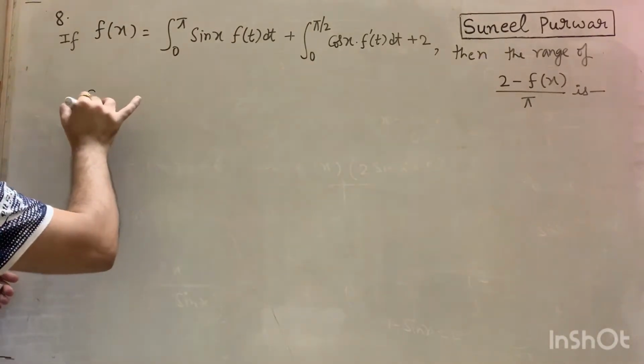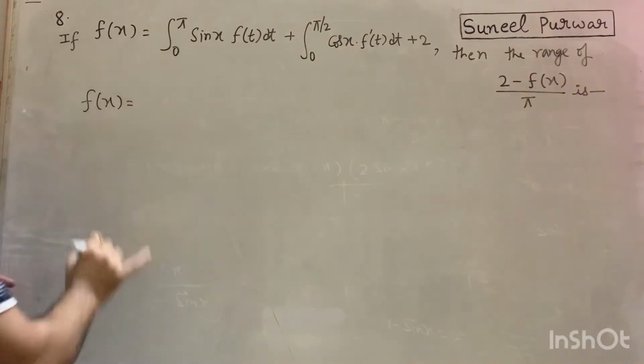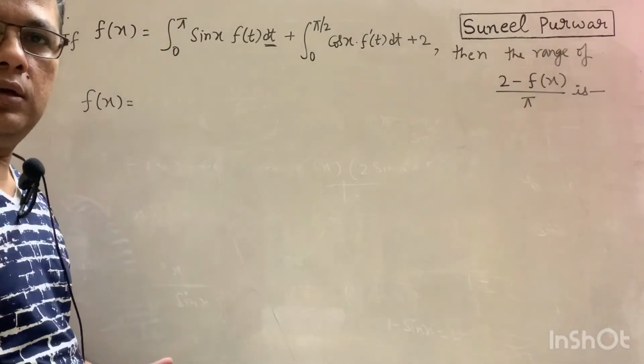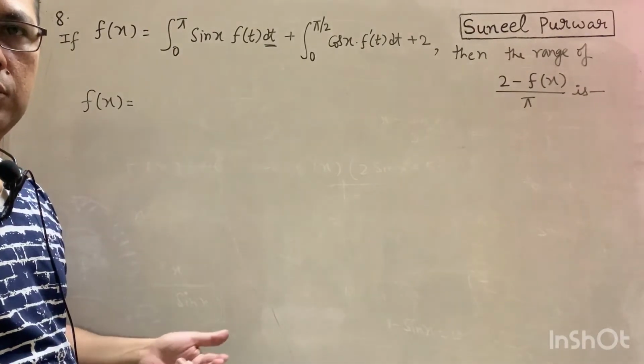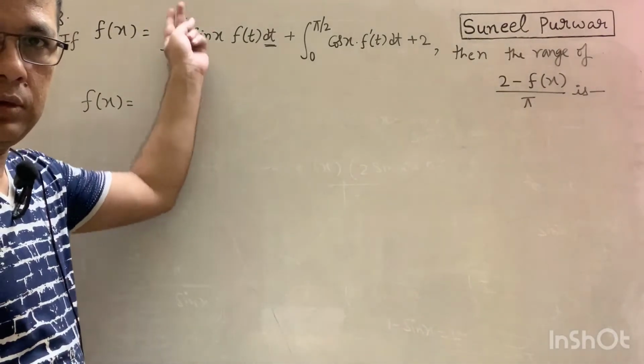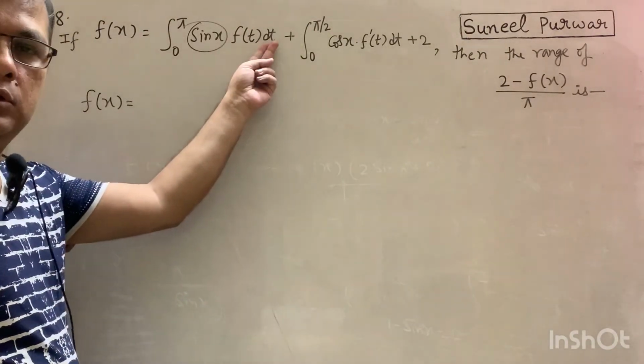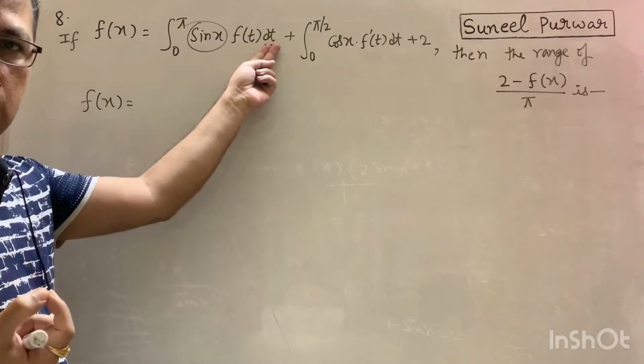So f of x is equal to, now this is dt, so anything not depending on t will be treated as constant. This is sin x, and the integral is with respect to t.